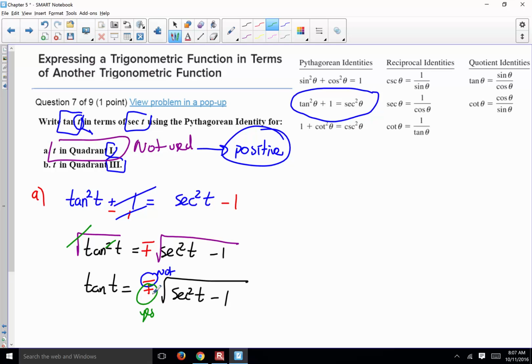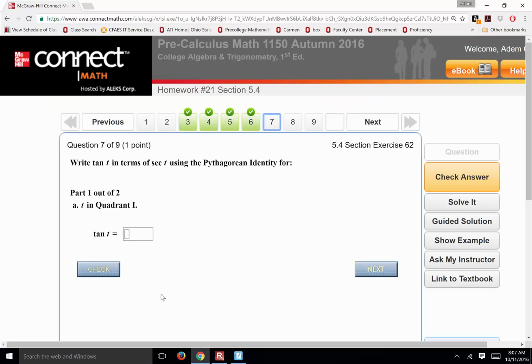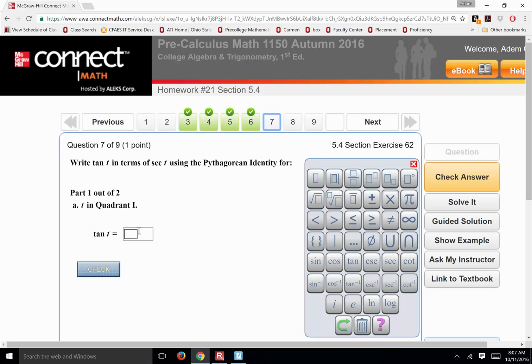Because a negative in front of the square root is going to be a negative number when you put angles in. And we know tangent is positive. So we go with the positive option. That's what I'm going to type in here. Just the positive: secant squared t minus 1.